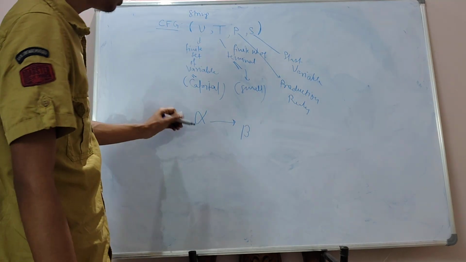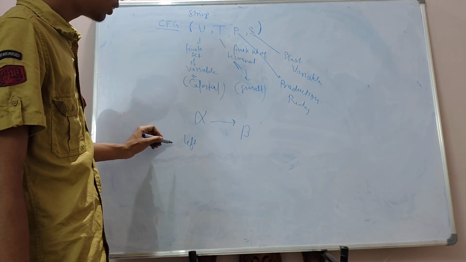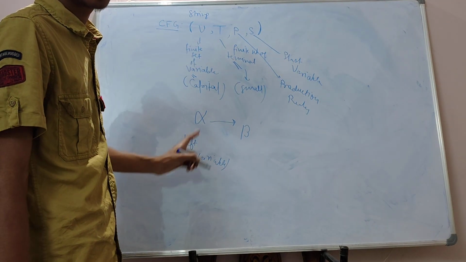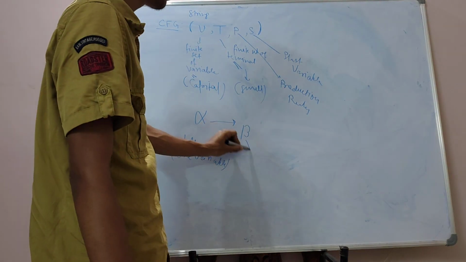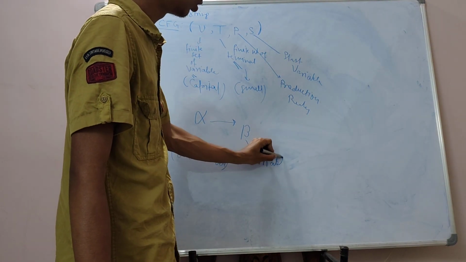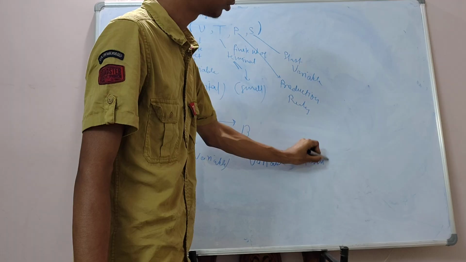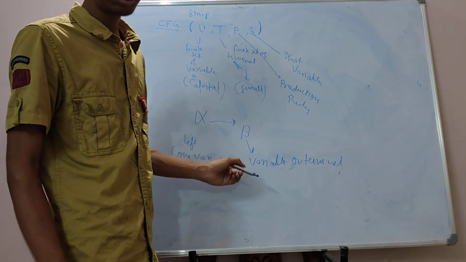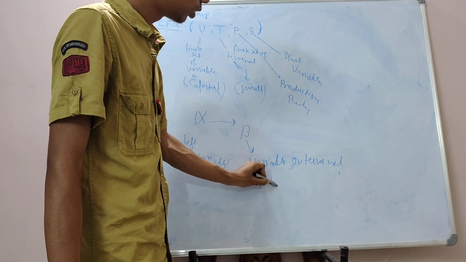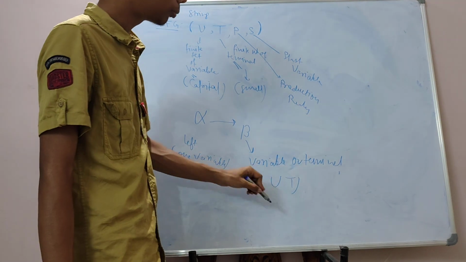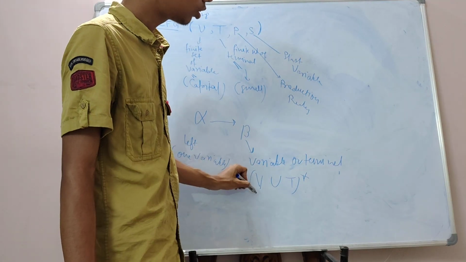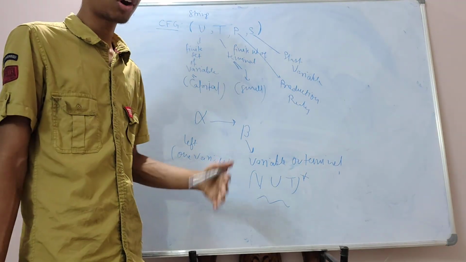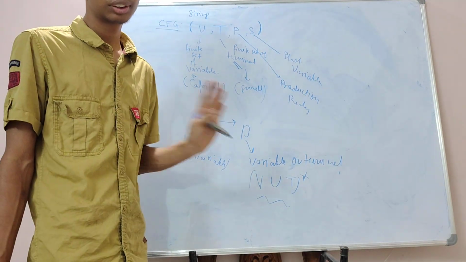On the left there is only one variable, and on the right I can have a variable or a terminal, that is (variable union terminal)*, where the asterisk means any combination of them. Either a variable or a terminal or a combination of the two.